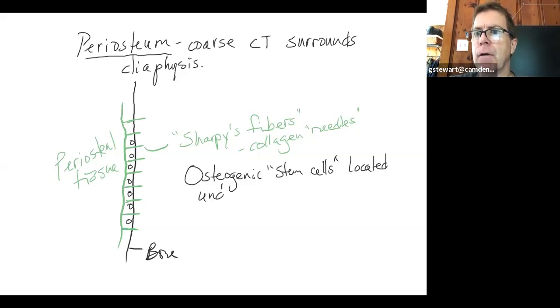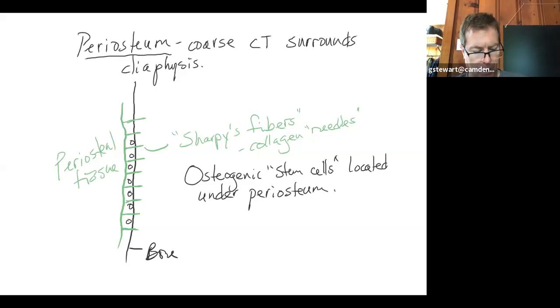I'm just going to write located under periosteum. And these stem cells give rise, don't worry, I'm going to list all of the bone cell types found in bone, and this is going to be one of them, but they're just stem cells that give rise to immature bone cells. But they're located here underneath the periosteum.